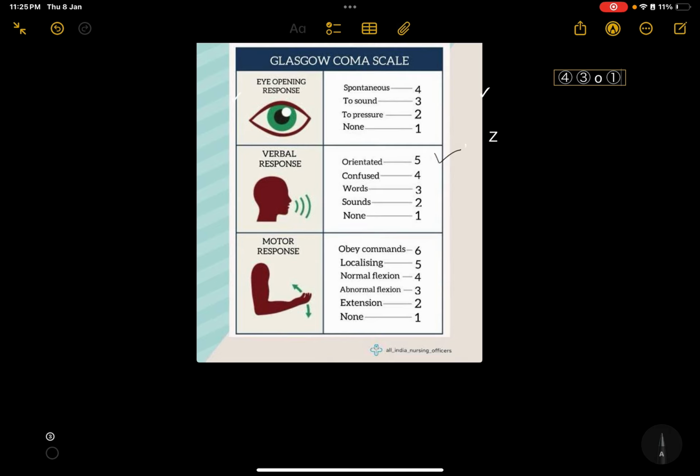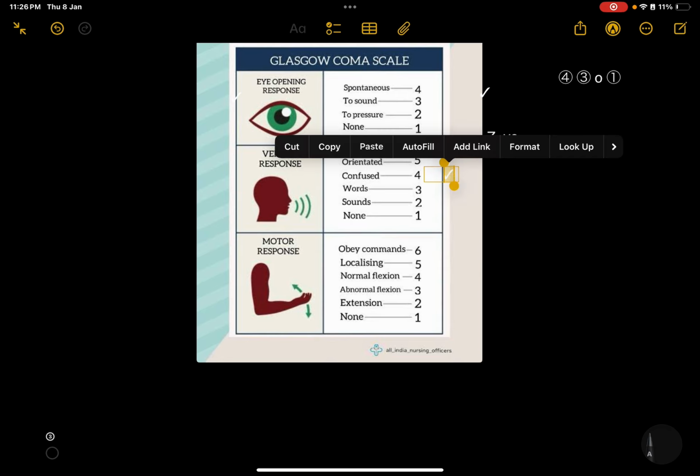Next, for verbal response, there is oriented. If you ask any question and the patient responds properly, the patient is oriented, which is 5. If the patient is confused, for example you ask what is your name and the patient tells the name of the village or the name of the wife, the patient is confused at that moment.